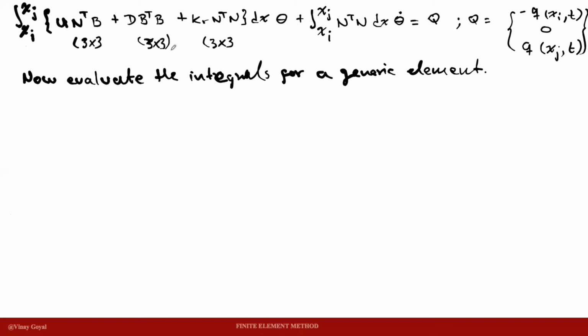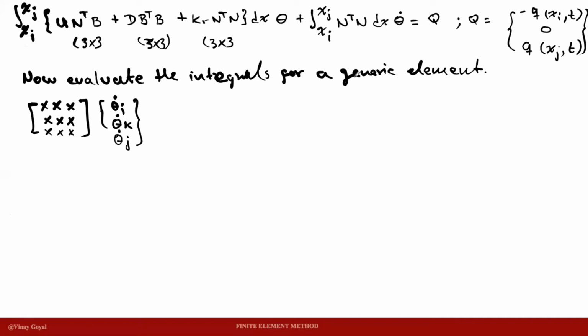As a result of these integrations, we end up with a 3 by 3 matrix multiplied by the 3 by 1 vector theta prime i, theta prime k, and theta prime j, right?